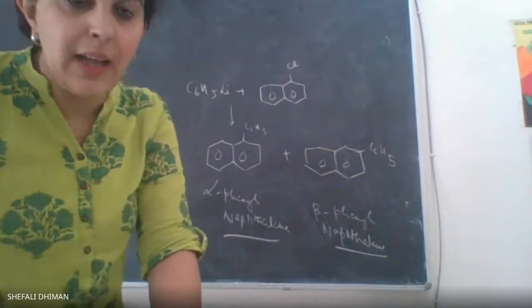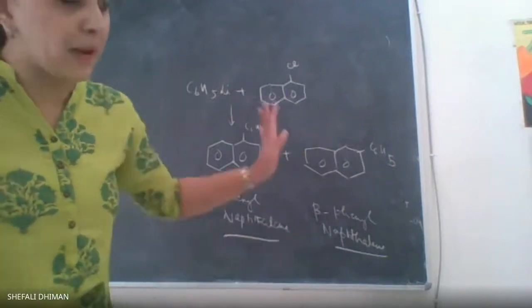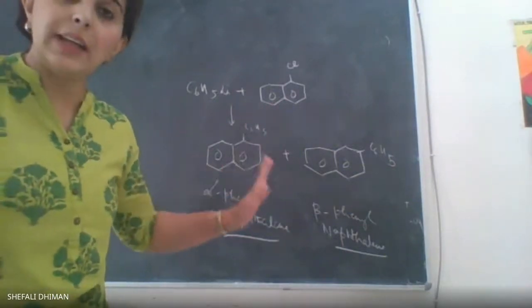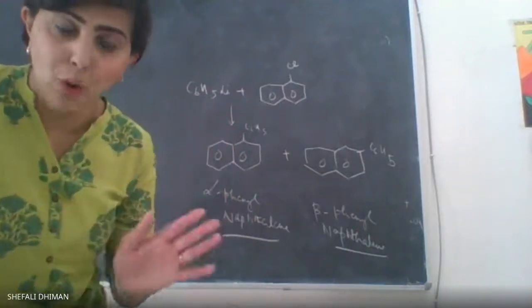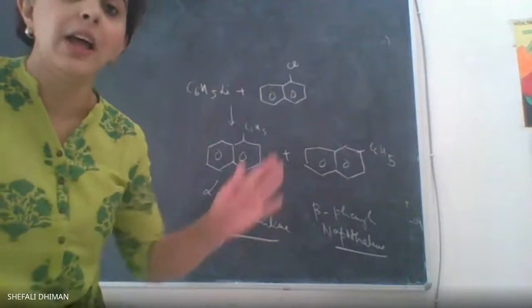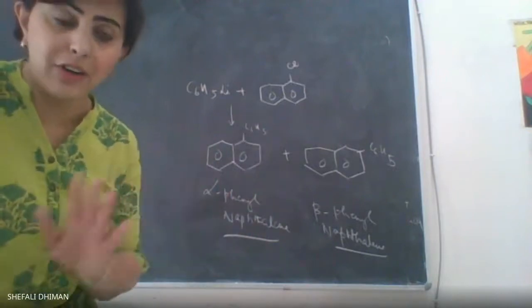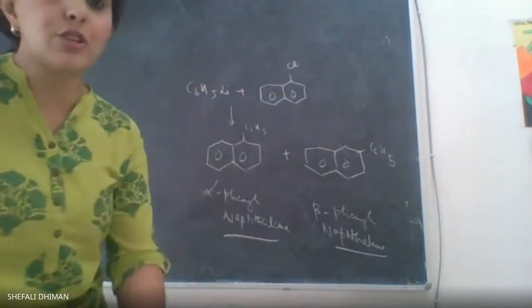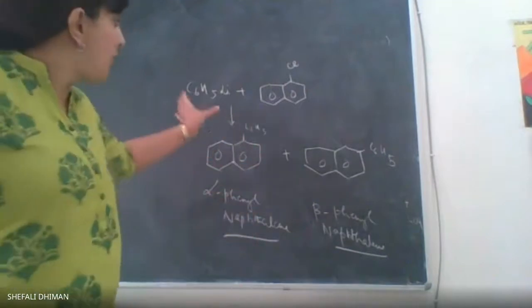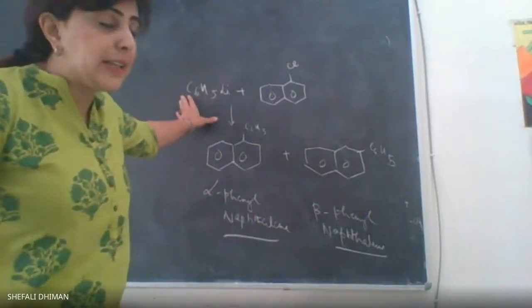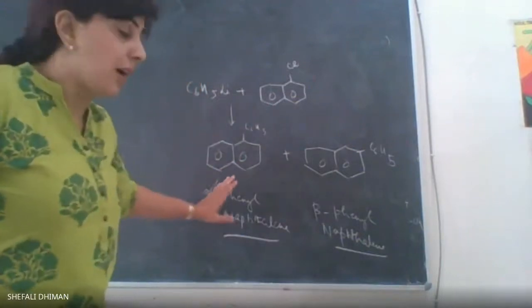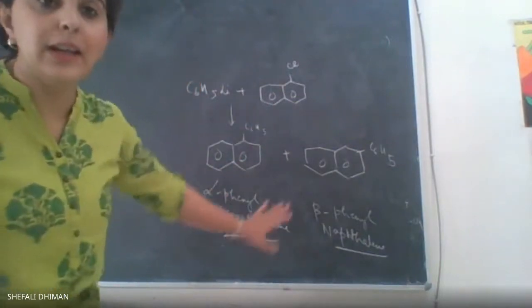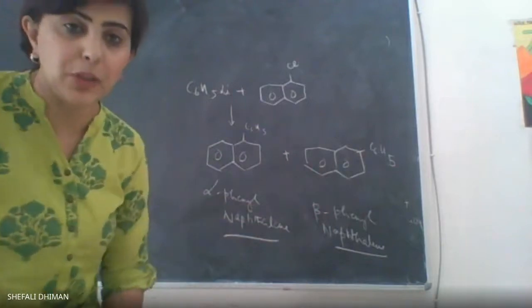I repeat again, the reaction is typical to compounds which contain organolithium, which contain a carbon lithium bond. We have not seen such a reaction in a Grignard reagent. So this is an example of an addition-elimination reaction where we take the phenyl lithium and react it with chloromethyl. The products formed are alpha phenyl naphthalene and beta phenyl naphthalene.